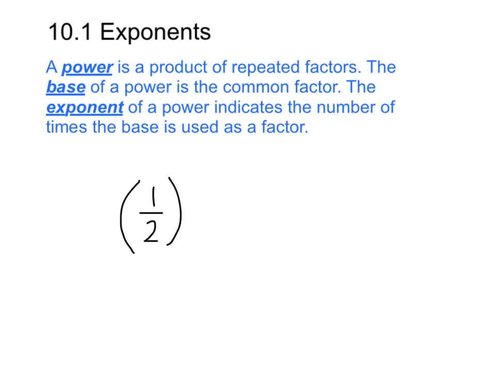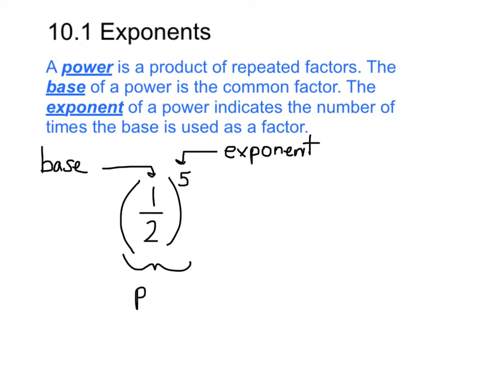If I gave you the factor 1/2, that is called the base. If I take it to the 5th power, that is called the exponent. This right here is called the power: 1/2 to the power of 5.